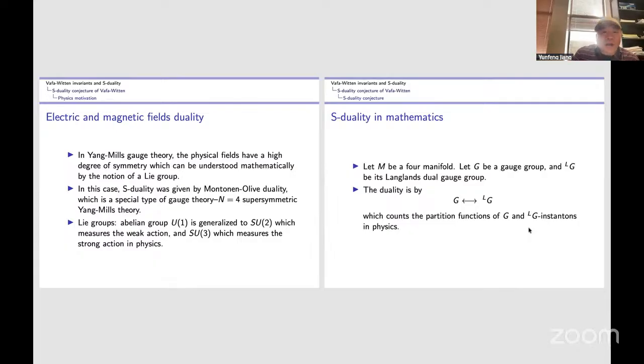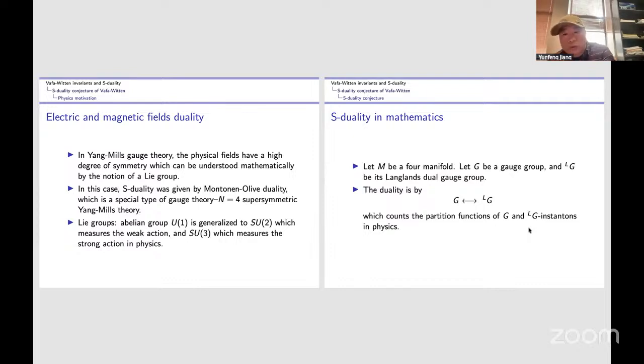For us in mathematics, I just fix two Lie groups, like U1 and SU2, or an algebraic reductive group in the algebraic geometry sense or number theory sense. So in mathematics, suppose we have a 4-manifold M, and G will be a gauge group, and LG will be the Langlands dual group. Now this is really a math term.